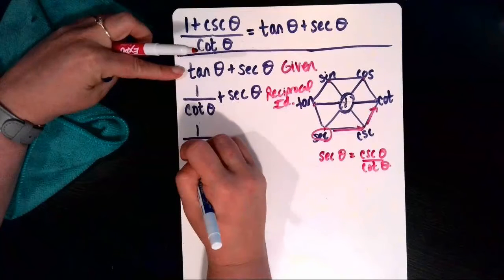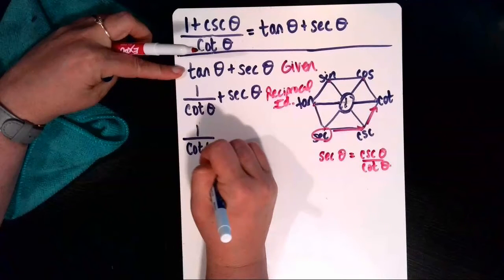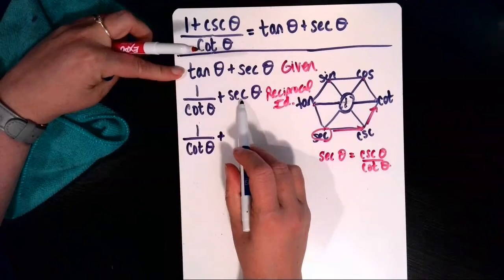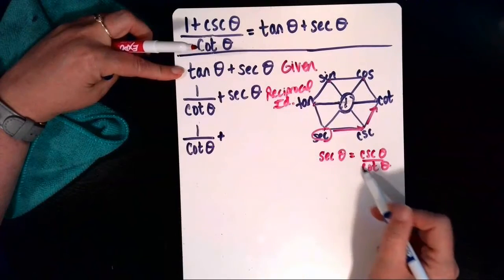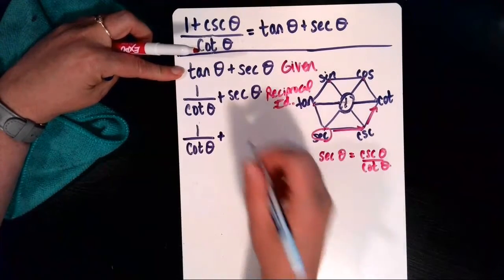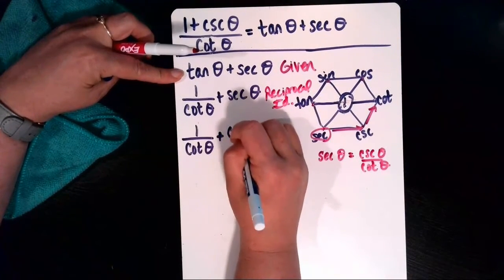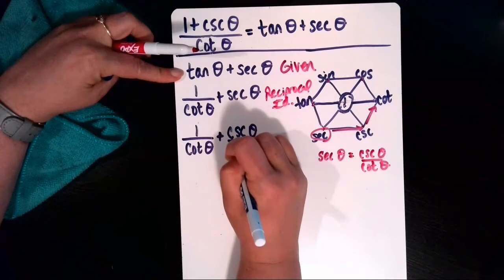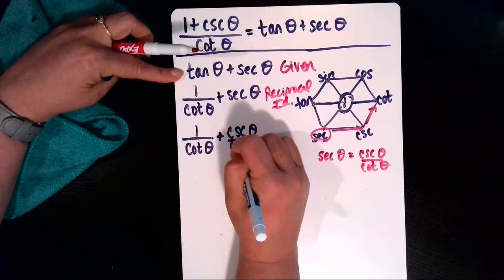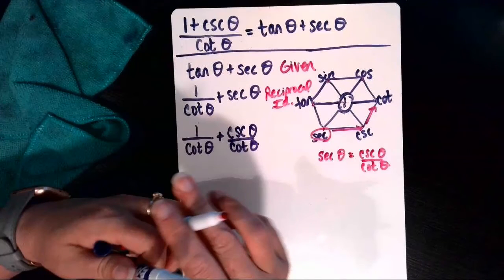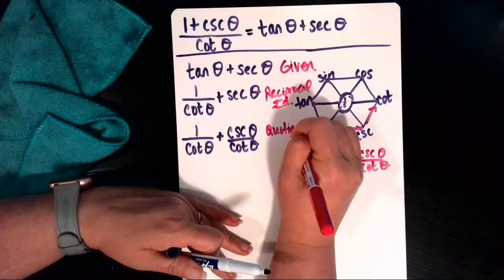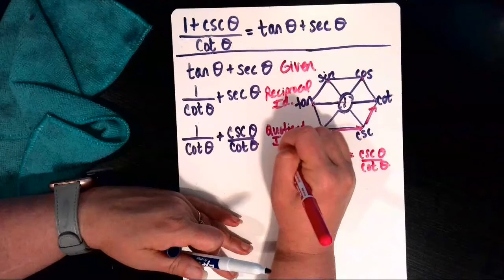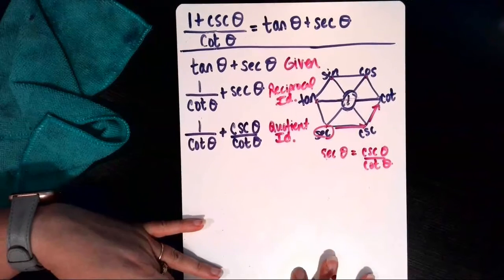So I start with my 1 over cotangent of theta, and now in place of secant, I apply this quotient identity that I discovered on the hexagon. So cosecant of theta divided by cotangent of theta, and that was applying a quotient identity. Okay, and that was step number 3.